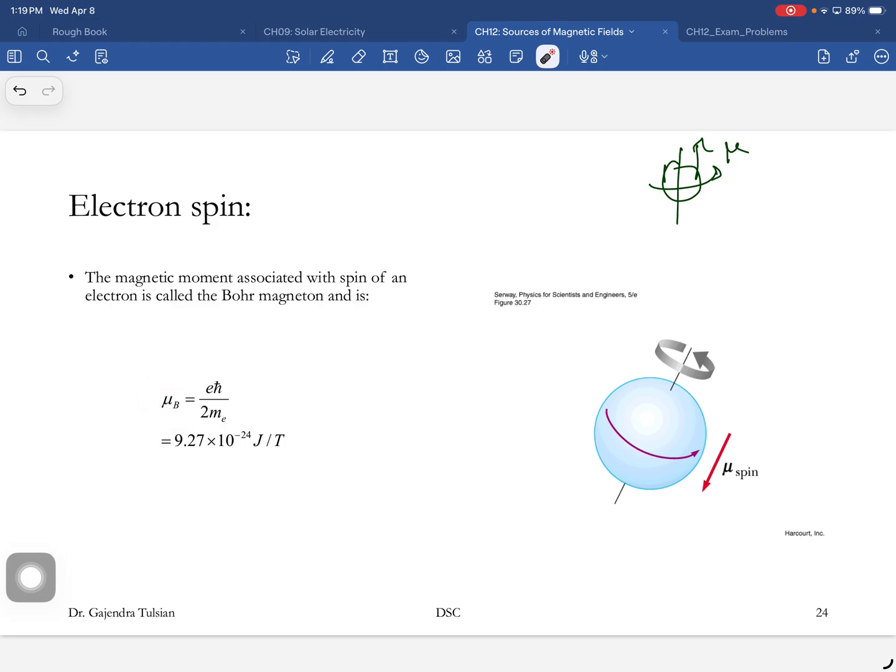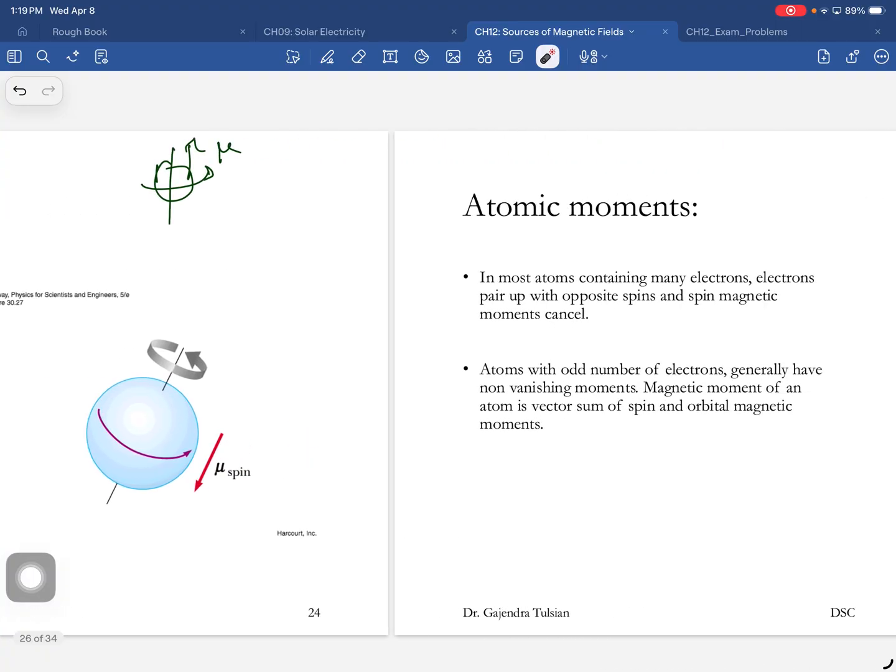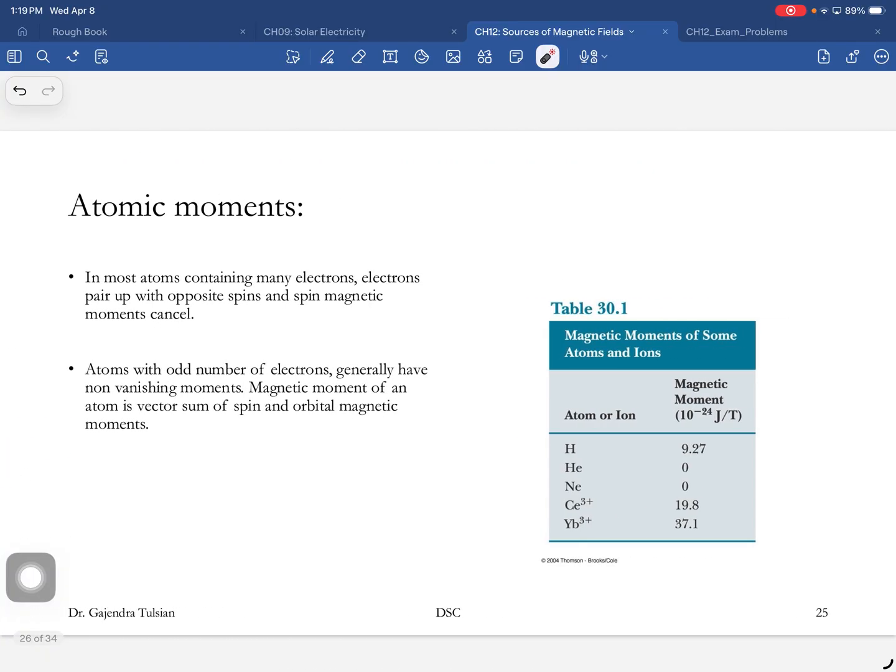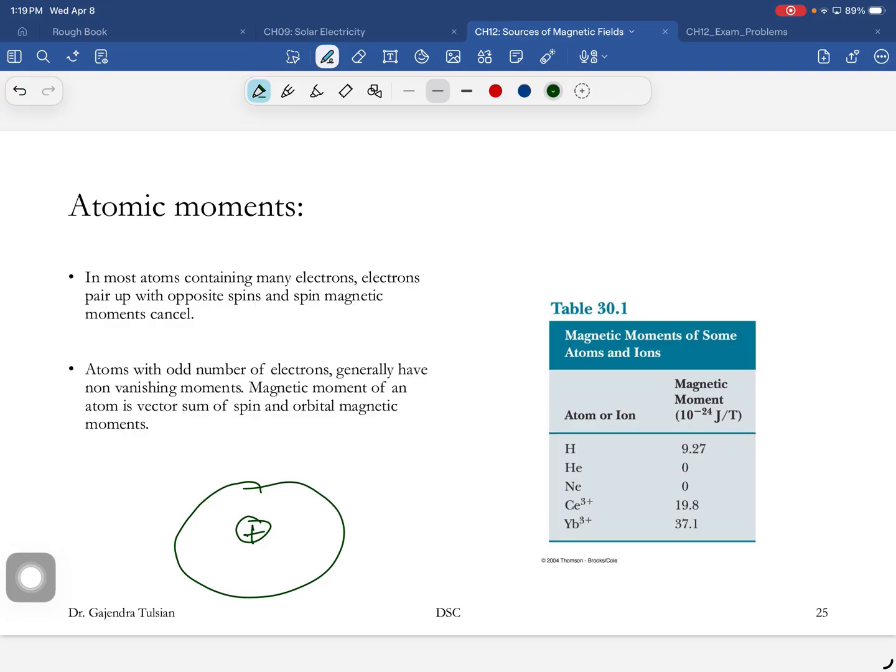So the magnetic moment of the spinning proton is 2,000 times weaker. So if this guy is in play, then we won't worry about the moment of the proton. All right, so here's a hydrogen atom. A hydrogen atom is this guy.